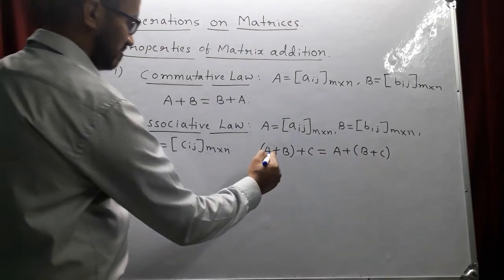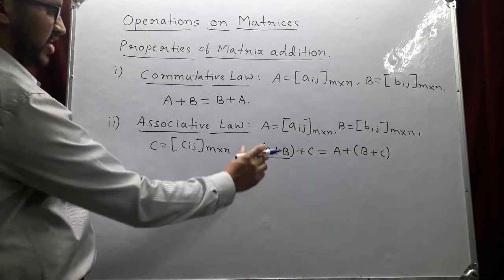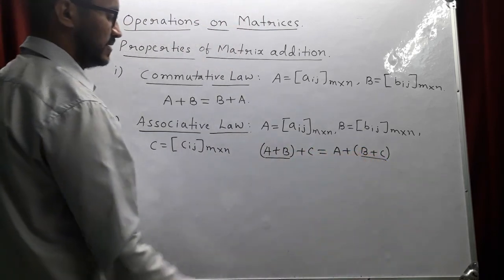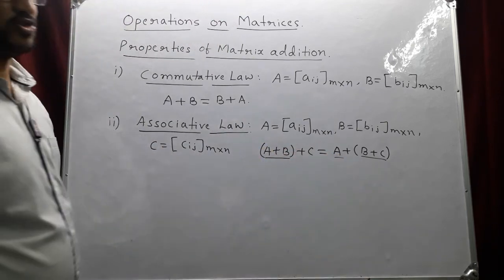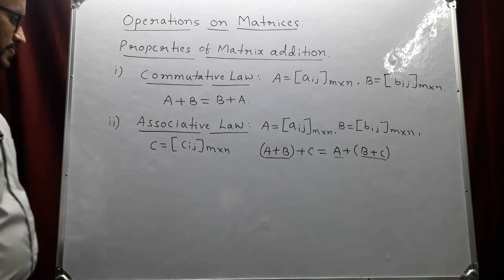First if you add A and B, then add C, the value is the same as first adding B and C, then adding A. So this is the associative law.